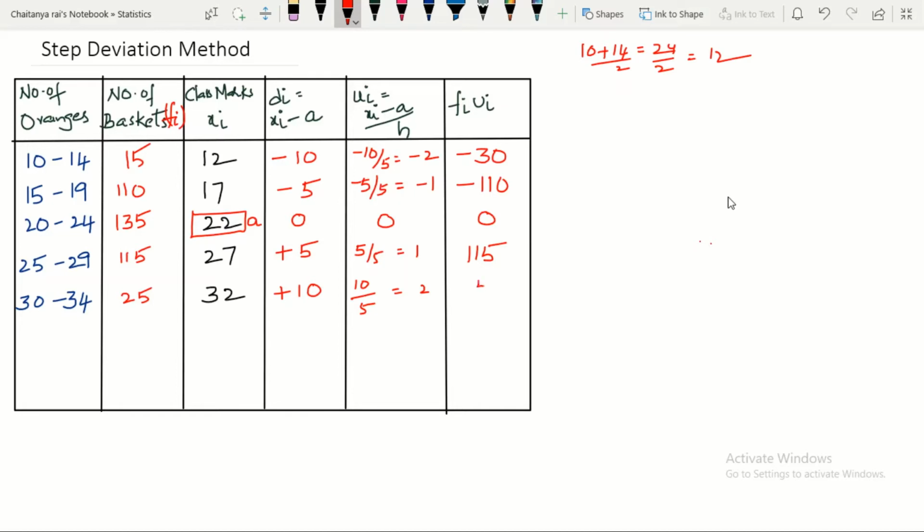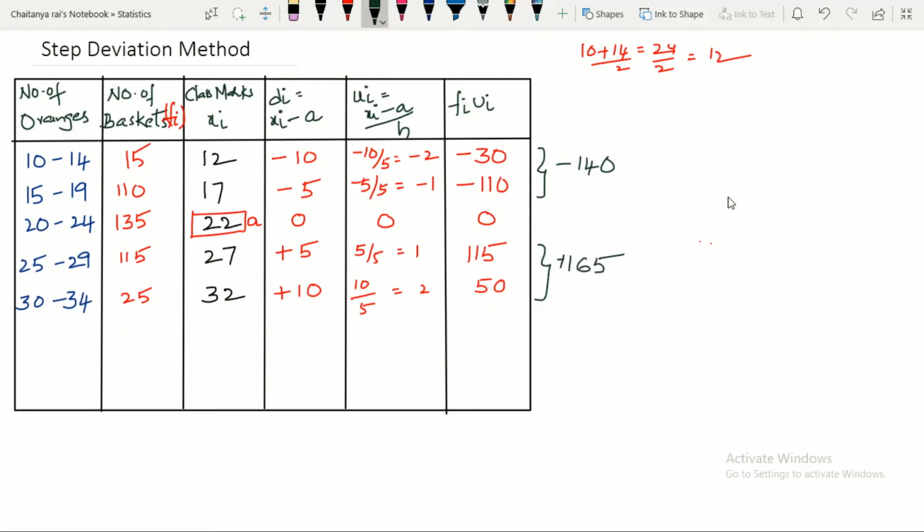Now after this we need to take the sum of these negative and positive values. This becomes negative 140. Here this becomes plus 165. This is the positive value.